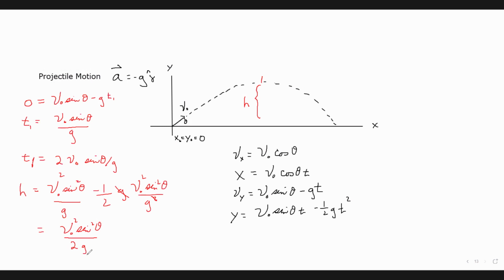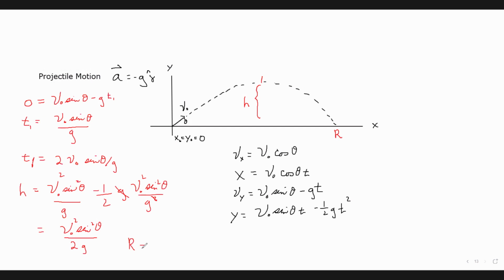Gee, what else can we know? What about the range? This value right here is the range, isn't it? So how would I go about determining the range? Well, I could put in the time of flight here, and then x will be the range.